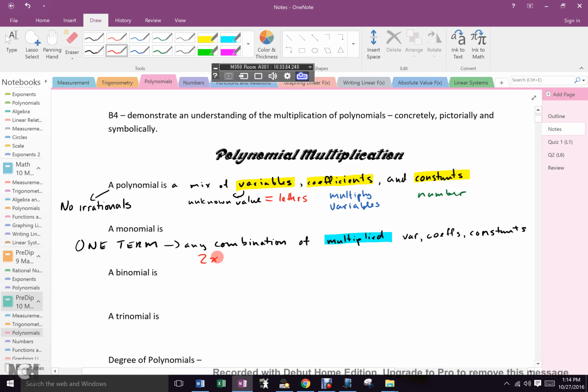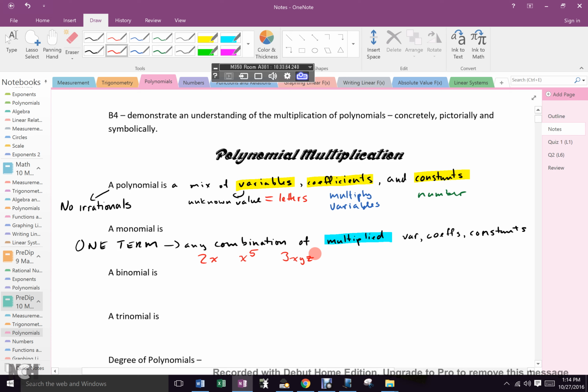Is 2x a monomial? Yeah, because it's a multiplied 2 and x, right? Is x to the 5th a monomial? Yeah, because that's just x times x times x, right? Okay. What about 3xyz? Yes, that is still a monomial because it is 3 times x times y times z.